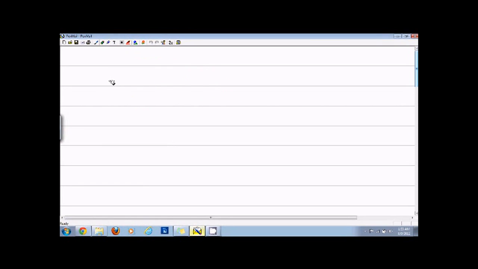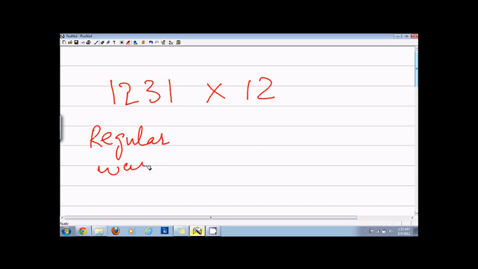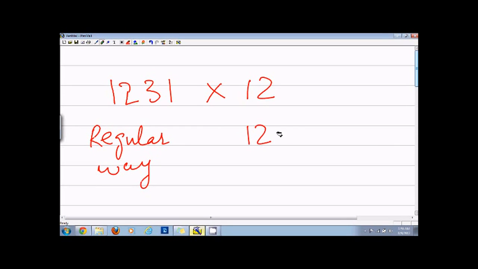Hi everyone, in this tutorial I will show you how to multiply a number by 12 in a quick and easy way. For example, I have 1 2 3 1, and I want to multiply it by 12. So the regular way will be to write 1 2 3 1 and then multiply it by 12.